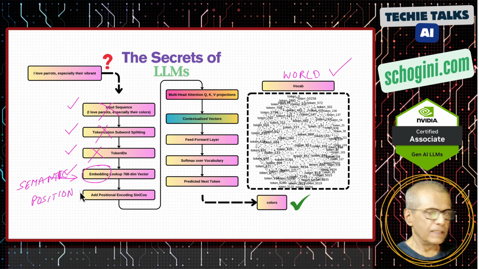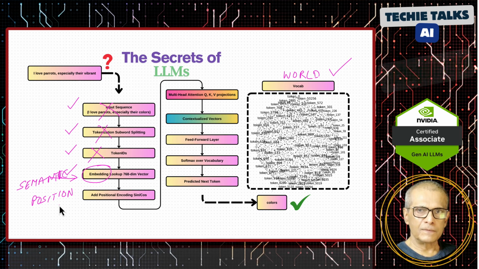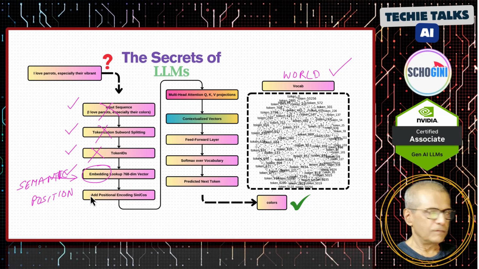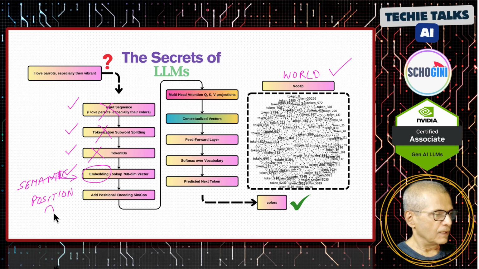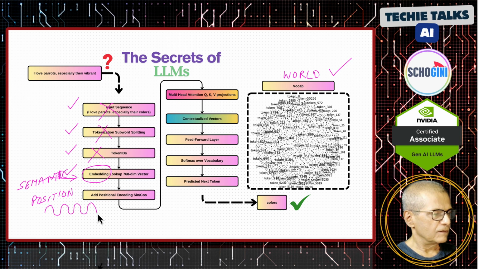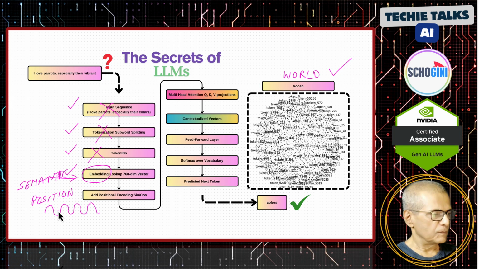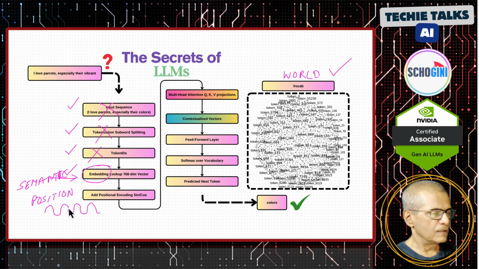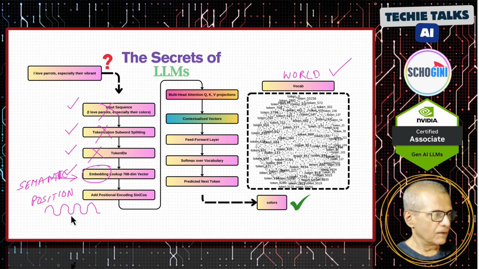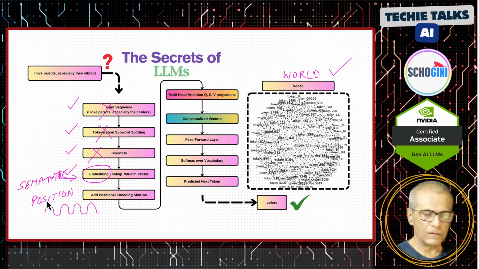Here we are indicating the position of those tokens. We will not go into the technicalities of it, but what we are doing is we are going to add a sine wave to this semantic information, but a single sine wave cannot indicate the direction, position of the token, whether it is first, second, third, or whatever.